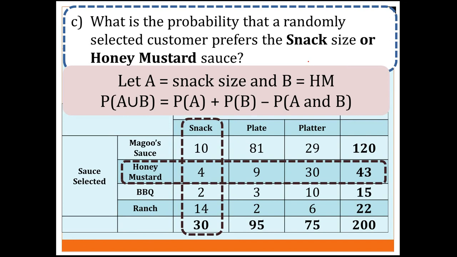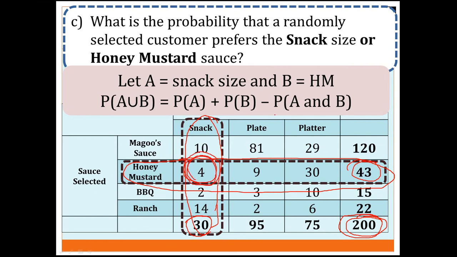Use the formula. Okay, so the probability of A is the snack size. So we can see 30 people out of 200 get the snack size. The probability of B is getting honey mustard sauce. 43 people out of 200 like the honey mustard sauce. And then when I added up all these, because that's what 30 represents, and I added up all of these, so that's what 43 represents, notice I double counted this 4.